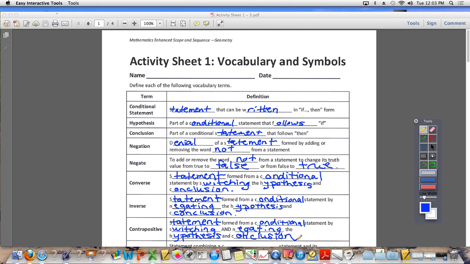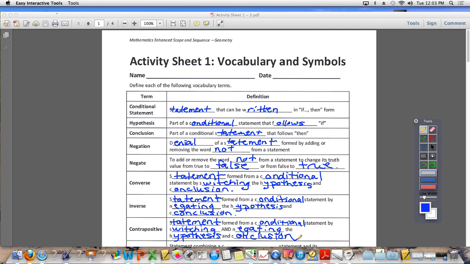What is the next word? A biconditional. Doesn't that sound familiar? Biconditional, we talked about that yesterday. Is everyone caught up? A biconditional says this.